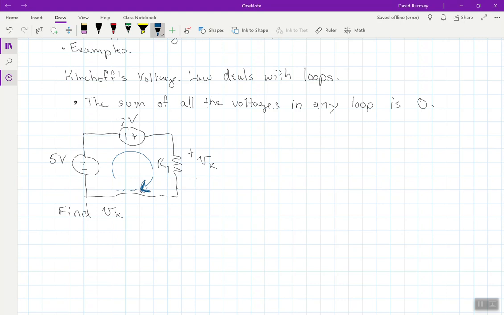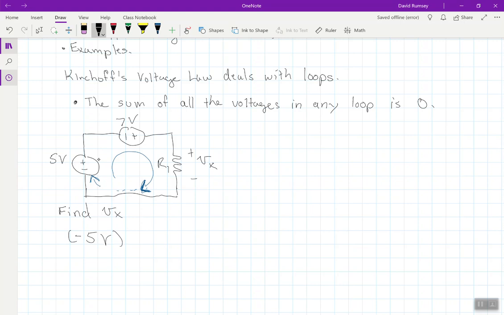If I take this loop here, the arrow is pointing into the negative side of that power supply. So that means I would have negative 5 volts, plus, and I'm just putting it in parentheses to emphasize that this is just one of the voltages we're summing.